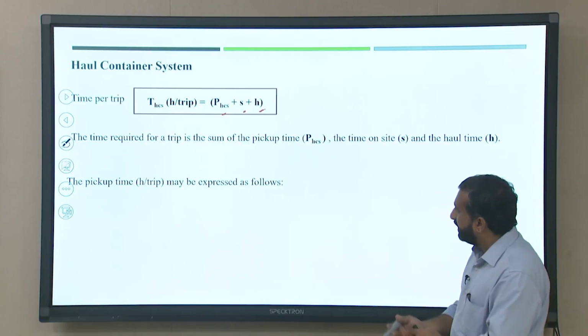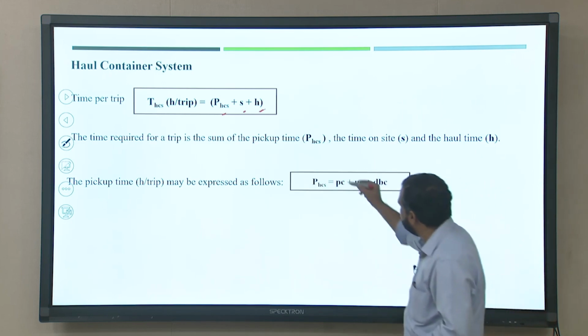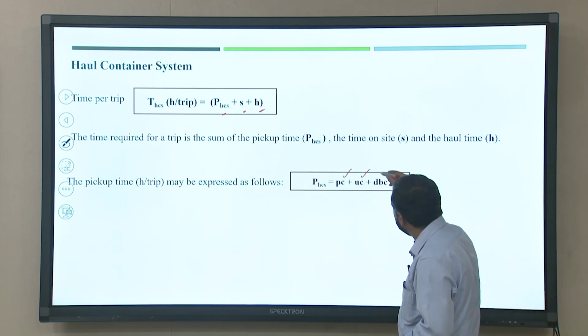And this pickup time is expressed as PC plus UC plus DBC.